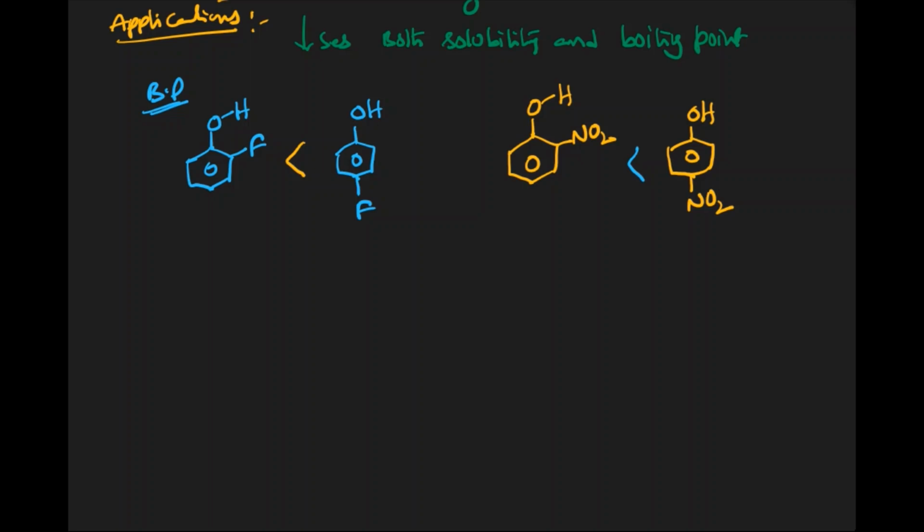Paranitrophenol forms intermolecular hydrogen bonding, meaning it forms some kind of attraction known as hydrogen bonding between the molecules. It requires more energy to separate the molecules. That's why para substituted molecules generally have a higher boiling point than ortho substituted molecules. This is about types of hydrogen bonding. Thank you for watching.